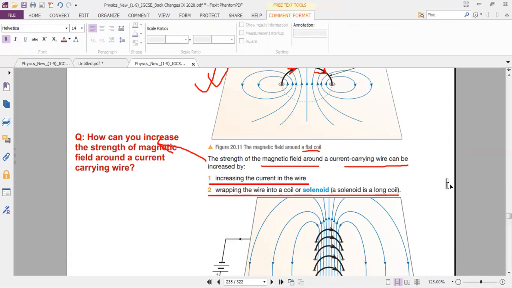We are increasing the current in the wire and wrapping the wire into a coil or solenoid. A solenoid is a long coil.